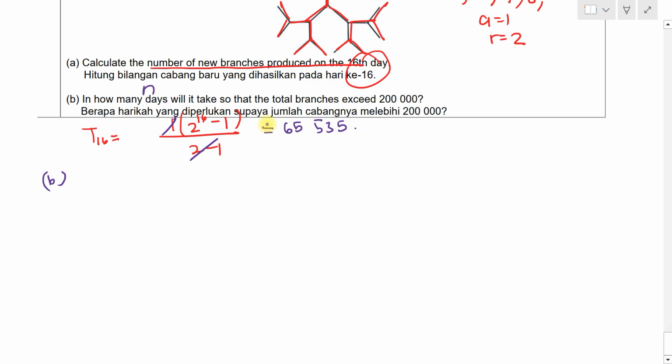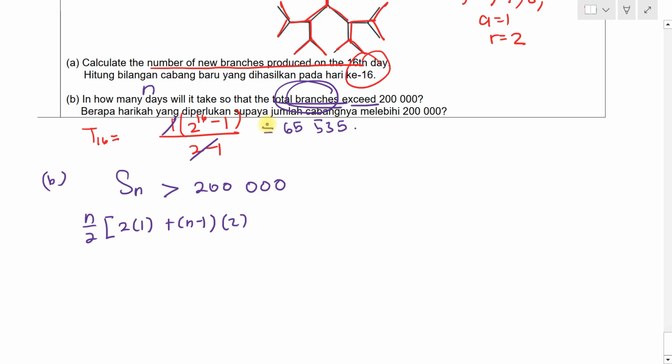Question B. In how many days will it take? The number of days is n. They are not talking about the number of new branches, but the total branches, that means Sn, exceeding 200,000. So n over 2 times A is 1 plus n minus 1 times D is 2, equals 200,000. This one 2 plus 2n minus 2, n I put here, 2 I multiply there, 400,000. So 2 minus 2 is gone.